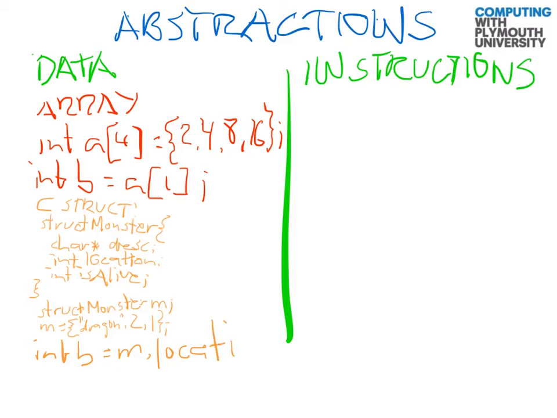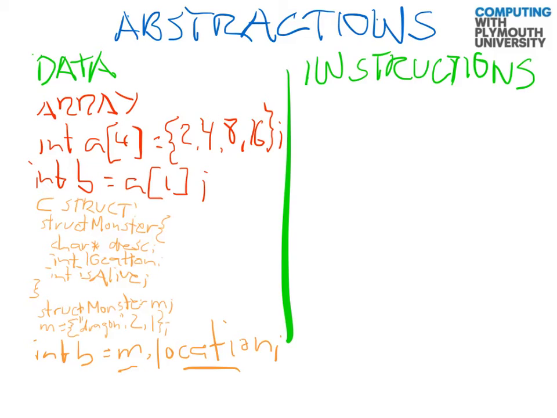So dot location extracts the subfield, so we use the name of the variable and then a dot and then the name of the subfield of the structure. So this structure allows us to put multiple elements of data of different type in the same structure and to get at them by using the named subfields.